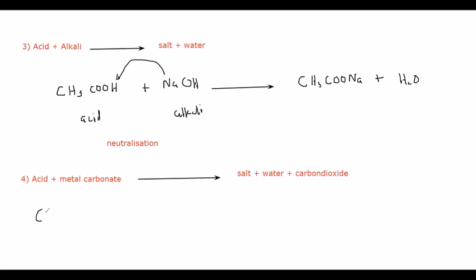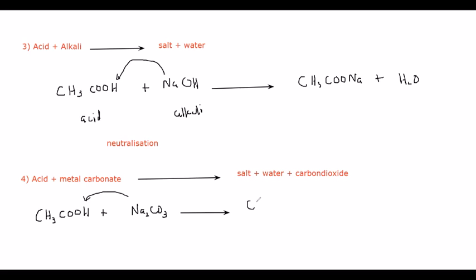So if you're taking ethanoic acid, CH3COOH, and it is reacting, for example, with sodium carbonate, Na2CO3, it will form sodium ethanoate, the salt. The sodium will displace this hydrogen.